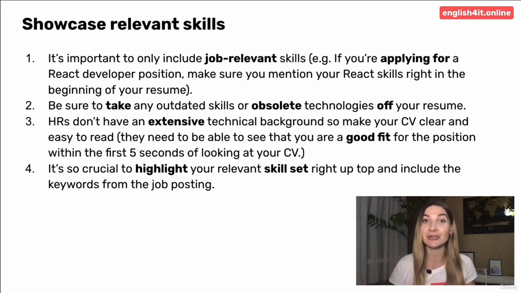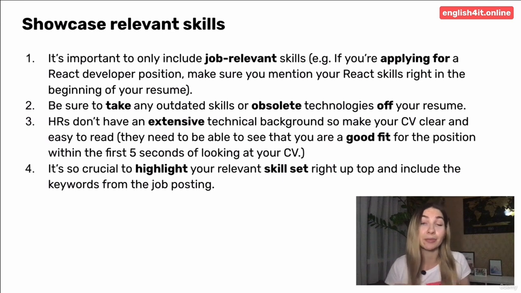So let's have a look at the summary of what I've just shared with you, and I want to draw your attention to some interesting vocabulary I've used. So I've said that it's important to include only job-relevant skills. And when I say job-relevant skills, I mean the skills which are suitable and which are related to this particular job.